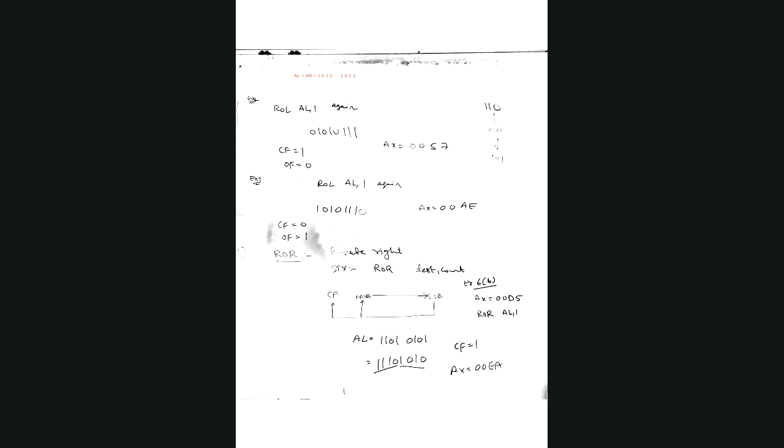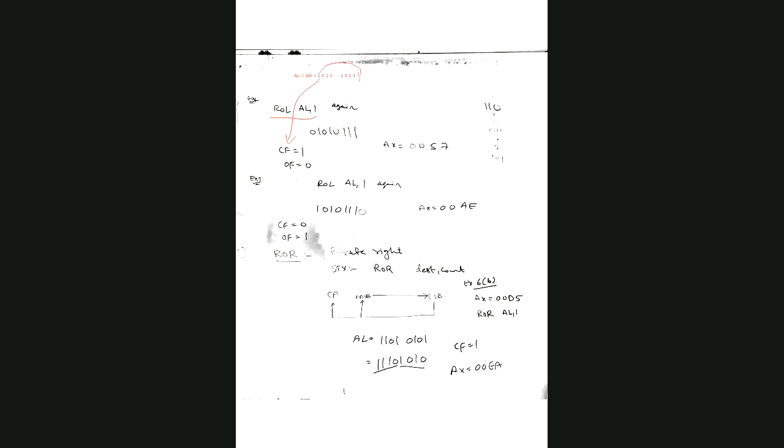Now look here. Shall I move on? Now again, for this value, I am performing rotate AL comma 1. So AL is this value. What I will do, this value I will copy into the carry flag, and this 1 will go here.